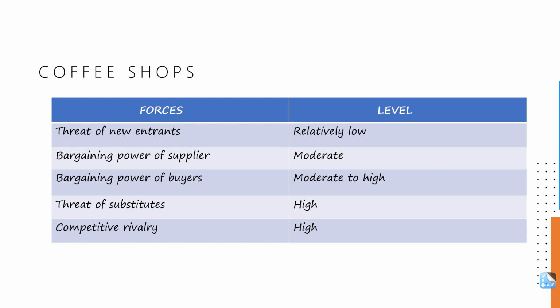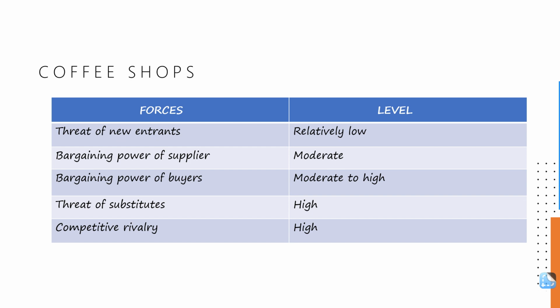Okay. Competitive rivalry is nothing but the intensity of competition among existing players in the industry. The coffee shop industry is crowded with established brands, because it has numerous companies, like Starbucks.